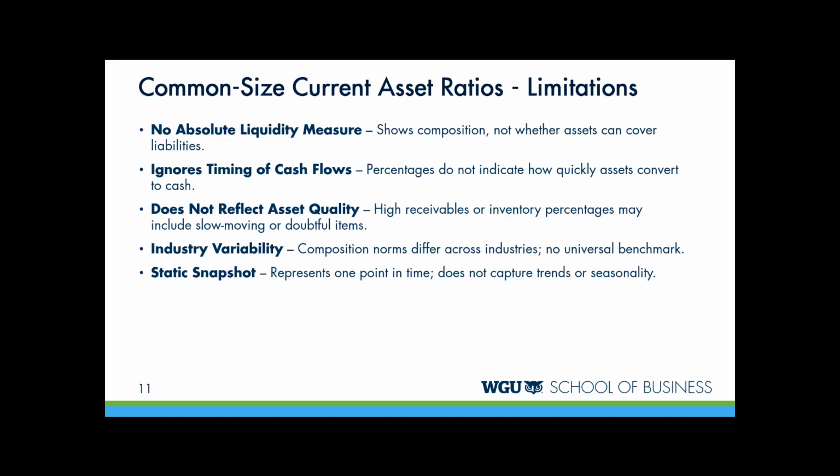Another limitation is our industry variability, meaning the way that our current assets is composed is going to differ depending on the industry we're in. And I'll give you an example. A place that's making large consumer goods, like an automotive company, they're going to have high levels of inventory.